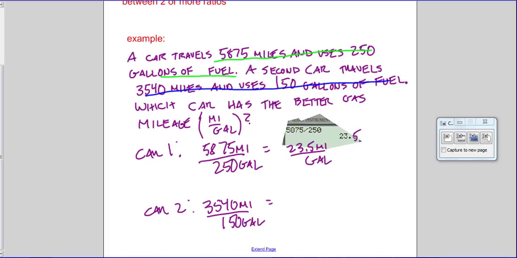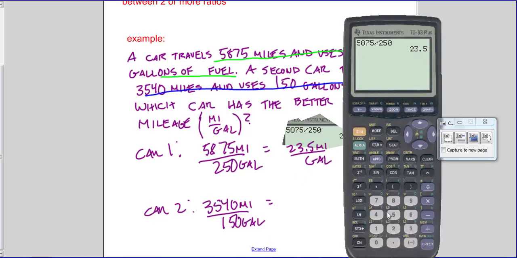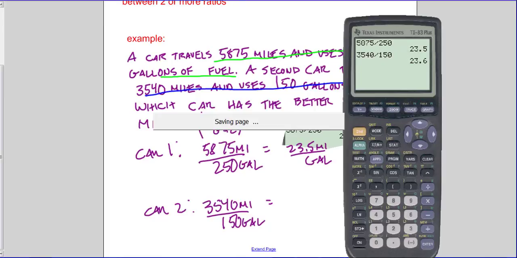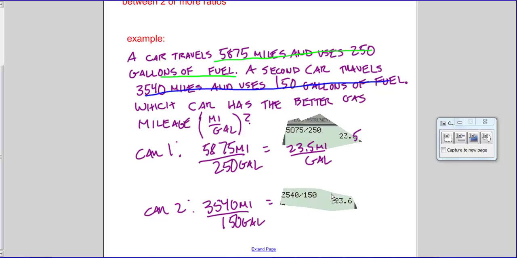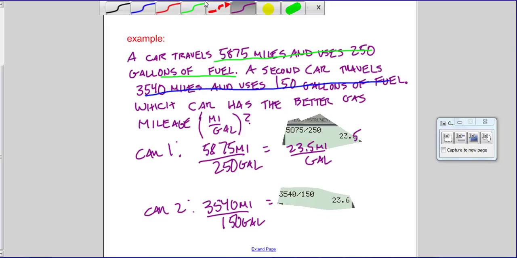The second car, I get 3,540 miles on 150 gallons. So I divide 3,540 by 150, and I get 23.6. So this is 23.6 miles per gallon.